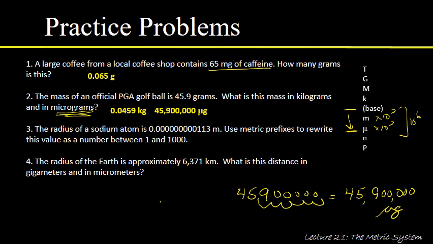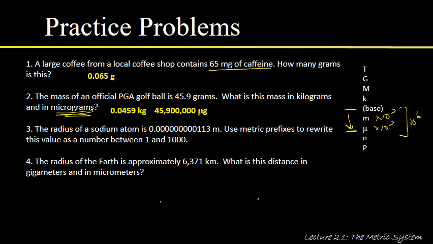All right. Let's do, well, you've done number 3. This might be kind of hard to see on your computer.